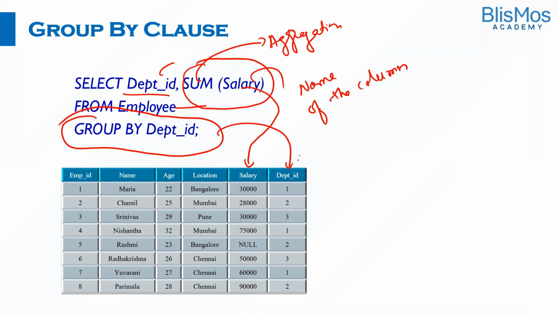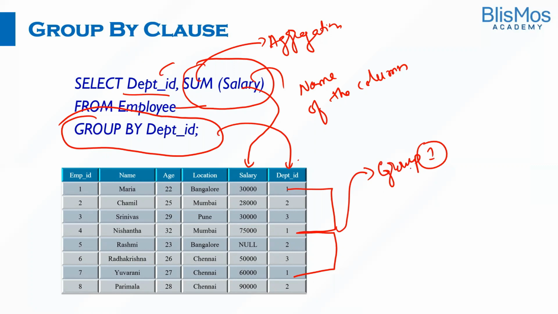So how does this work? Pay attention here. When you say group by department ID, in this particular column it will look for the same values. In this case, 1 and another 1. This is formed as group one.